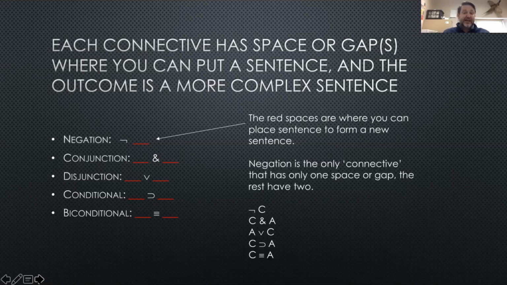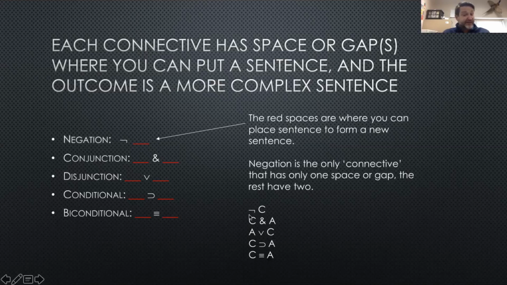And for our disjunctive sentence, which is the sentence below this, we would have Amy runs or Charles runs. This sentence is a conditional. And a conditional is essentially an if-then statement. So for this, we would have, if Charles runs, then Amy runs. And then finally, for our biconditional, we would have Charles runs if and only if Amy runs.